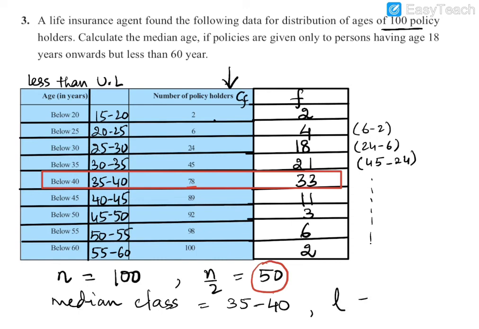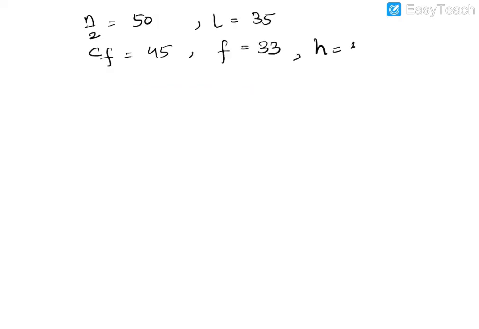So L from this data will be 35, that is the lower limit of the median class. CF is the cumulative frequency of the class preceding the median class. So this implies CF will be 45 and F is the frequency of the median class. So 33 will be F. The class size is 5.